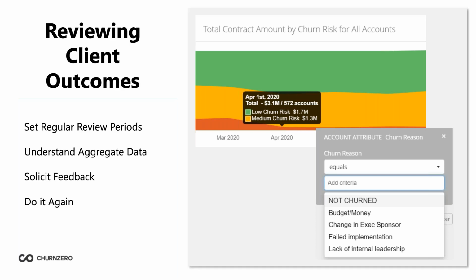So one way to solicit feedback is to have both the CSM and the customer fill out information around why that customer is churning or why that customer is renewing. You can use this for clients who churn to compare why the CSM thinks they renewed versus why the CSM thinks they churned versus why the customer thinks they churned.